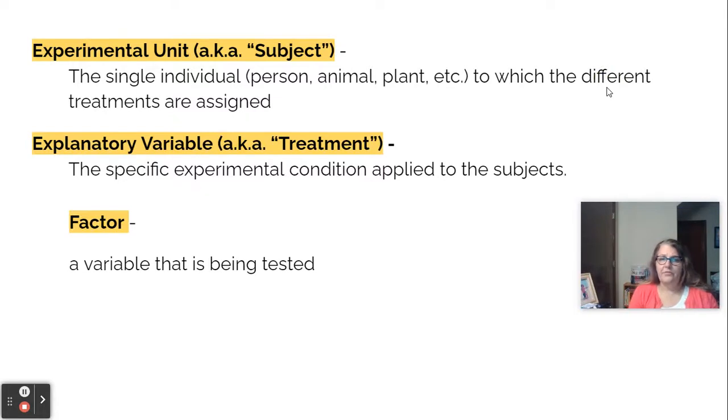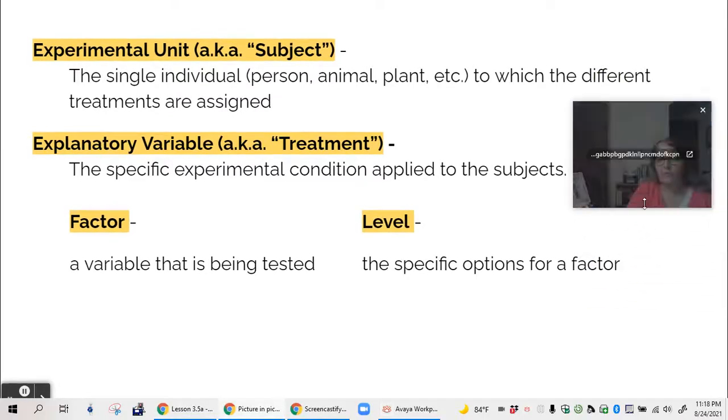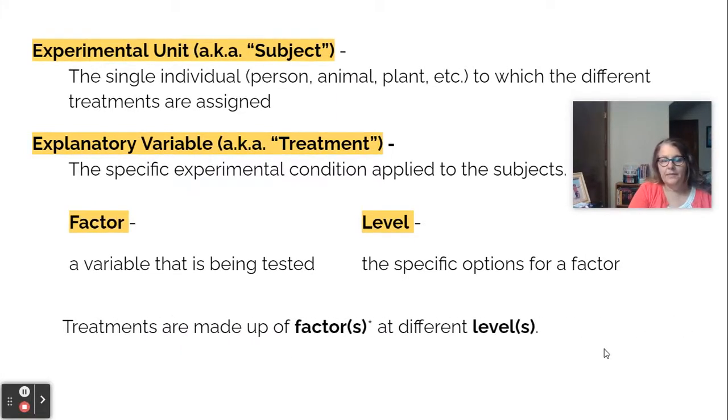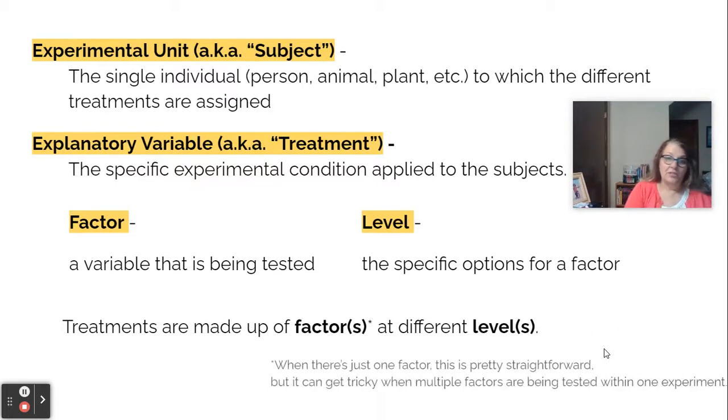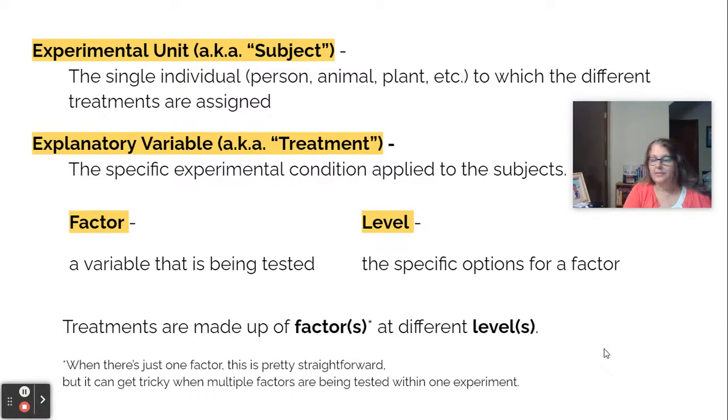Now, a factor is a variable that is being tested. And a level is what we call the specific options for a factor. Treatments are made up of factors at different levels. When it's just one factor, that's pretty straightforward, but sometimes it can get tricky because there can be multiple factors being tested in one experiment.